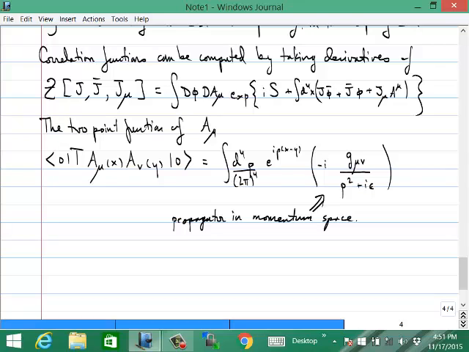And one of the important points, and it's something that I'm not going to go into in too much detail right now, although when we come back next semester and do the quantization of Yang-Mills theories and gauge theories, we'll have to discuss it in a great deal more detail, is that this propagator depends on the choice of gauge.